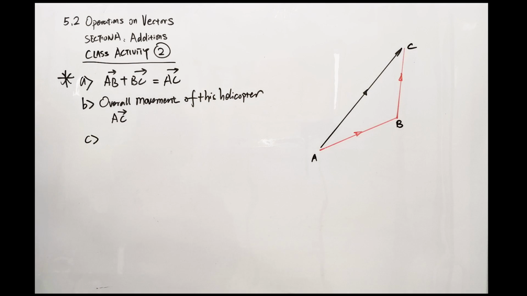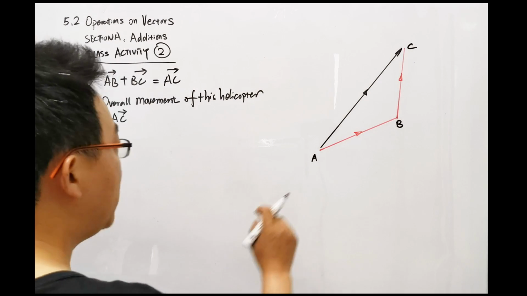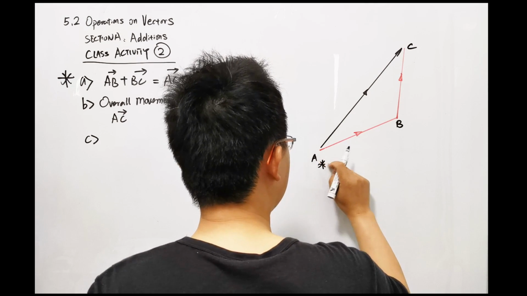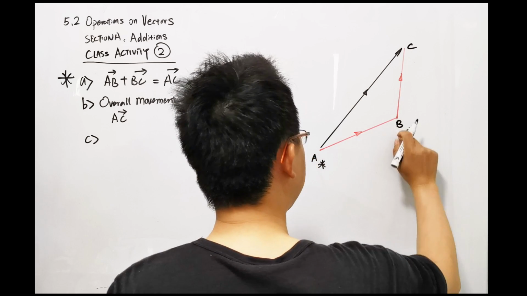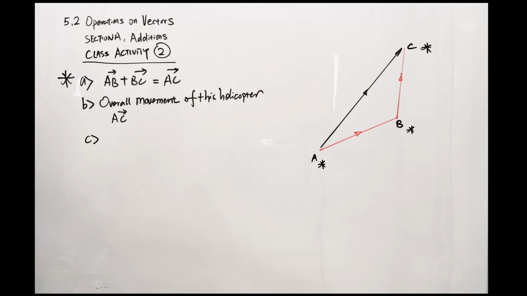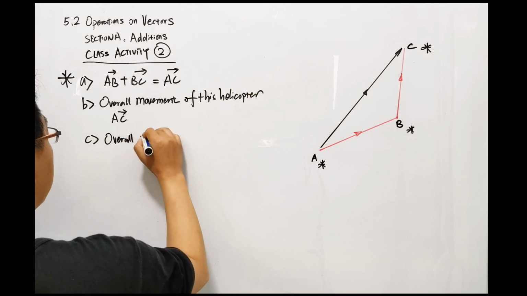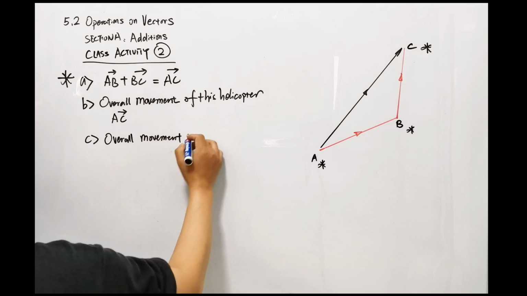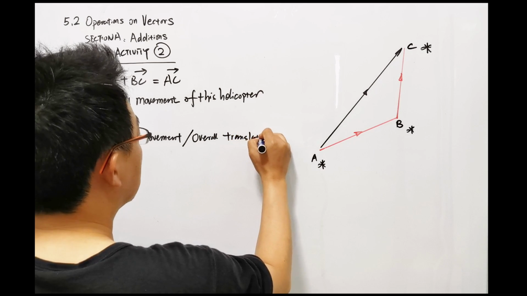Then C. What is the relationship between the results of A and B? If we have two translations, say this is the helicopter, it moves to here, with a translation from A to B and then a translation from B to C. This is called the overall movement, or sometimes we call that the overall translation.